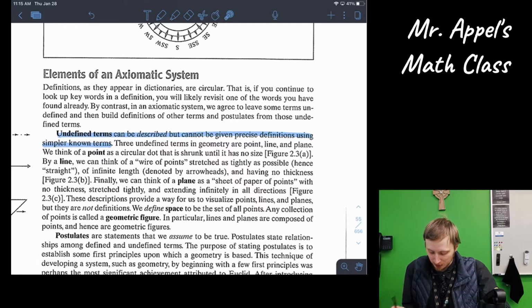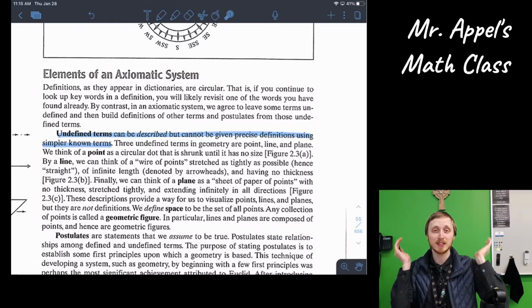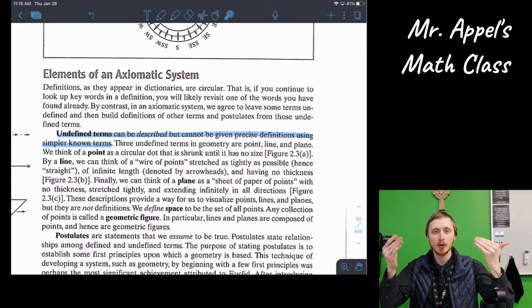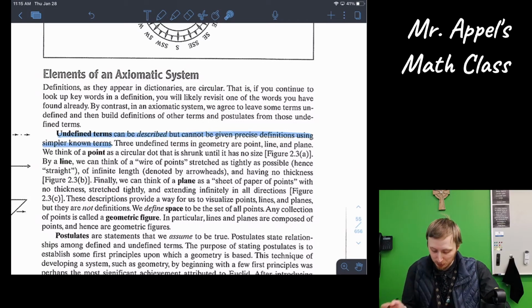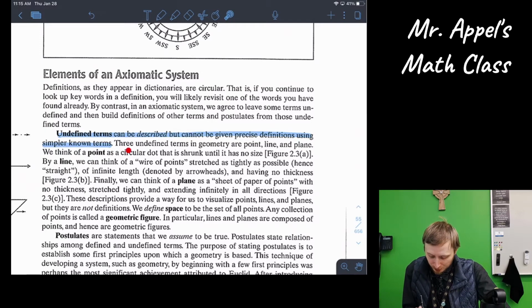The axiomatic system sets up a few undefined terms that we've established from the beginning. We are not going to reduce these any further. These are as simple as it gets. The three undefined terms in geometry are point, line, and plane. We think of a point as a circular dot that is shrunk until it has no size. Okay?